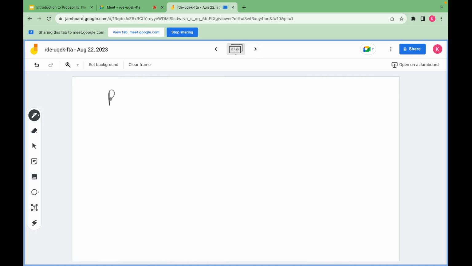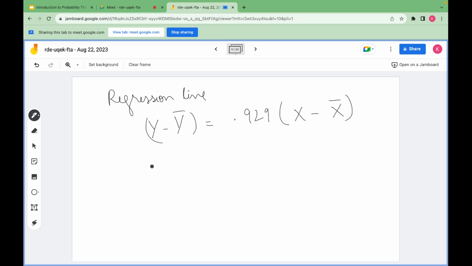Now we will find the regression line. y minus y bar is equal to 0.929 into x minus x bar. So y minus 11 equals 0.929 into x minus 4.